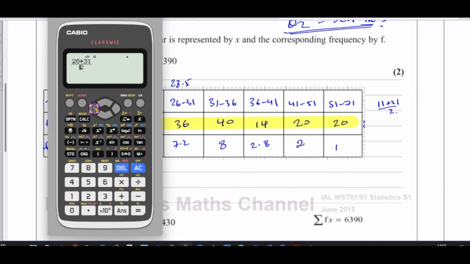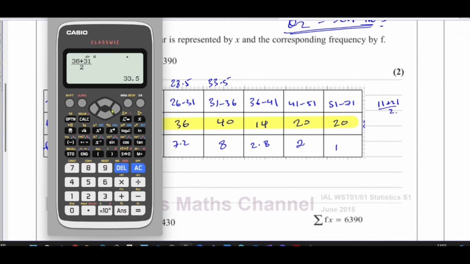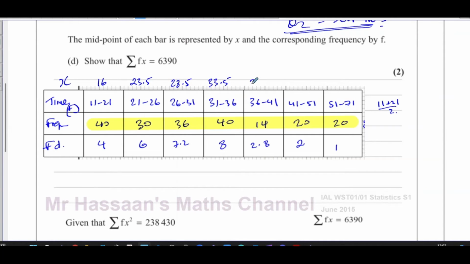And we got 31 plus 36 divided by 2, that gives us 33.5. Then we got 36 plus 41 divided by 2, that gives us 38.5. Always be checking to make sure it makes sense. It's halfway between these.